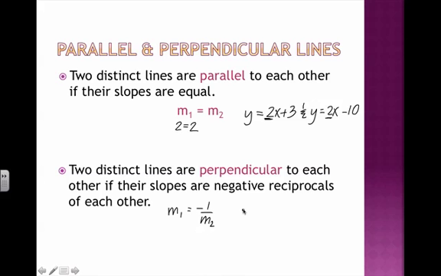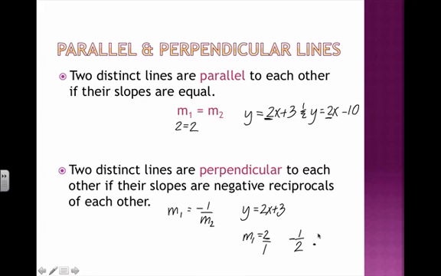So let's say we have the line, we're going to stay with that first line, y equals 2x plus 3. If we have the negative reciprocal, so meaning that this slope, our first slope, m1, equals 2, if we take the negative reciprocal, so first we'll put this to be 2 over 1, make the reciprocal, so now we have 1 over 2, and make it negative.